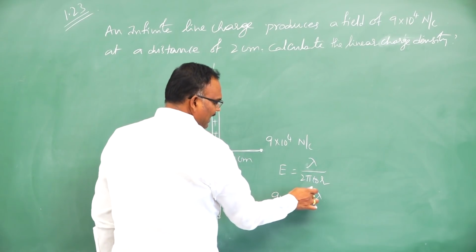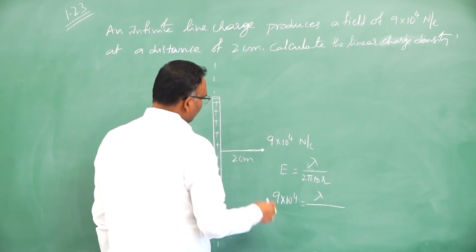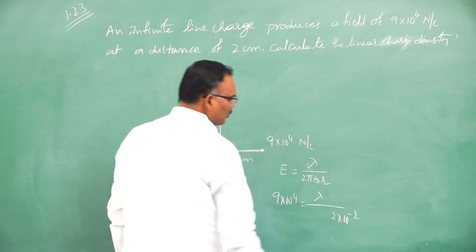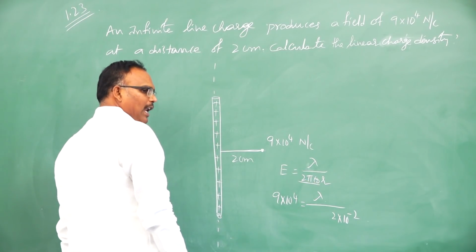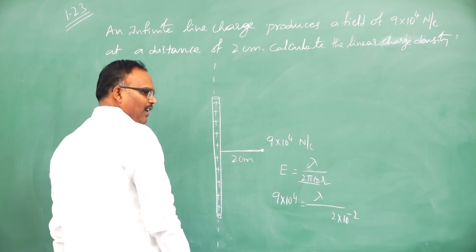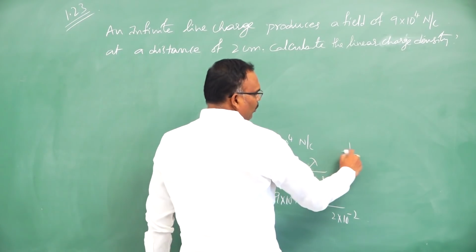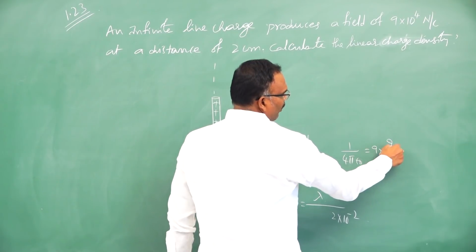I want to calculate linear charge density. Distance I know, that is 2 centimeter, so 2 into 10 to the power of minus 2. But I know 1 by 4 pi epsilon naught value is 9 into 10 to the power of 9.